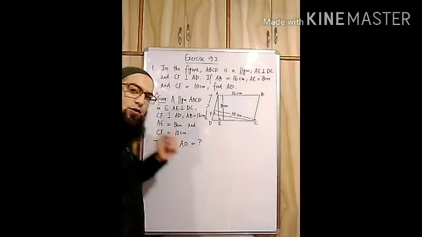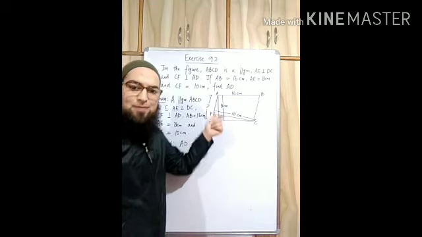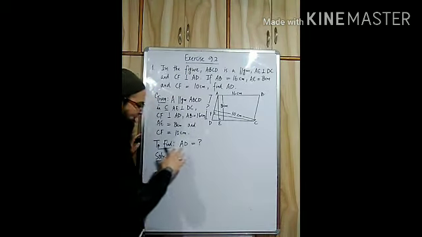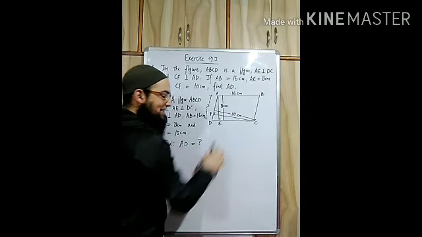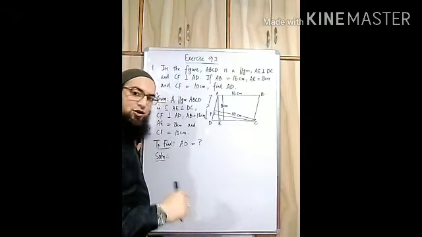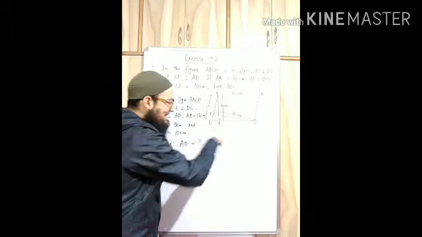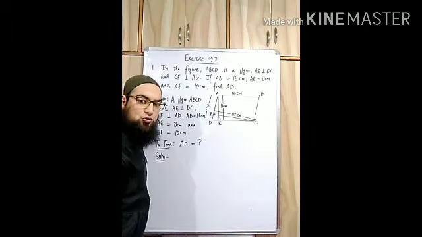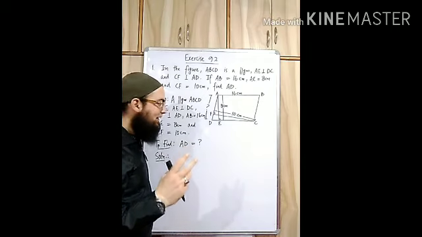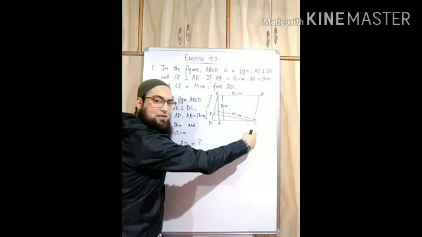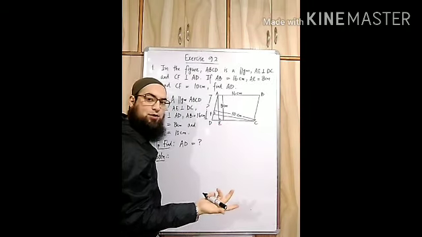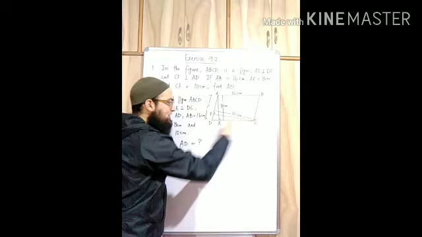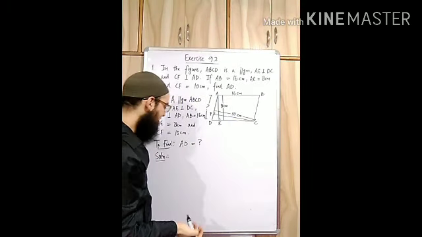So if I take ABCD as parallelogram, and if I find area of this parallelogram taking DC as base, then I need to take AE as altitude. Now corresponding altitude means if you take DC as base, then AE would become your altitude. If you take AD as base, CF would become your altitude.